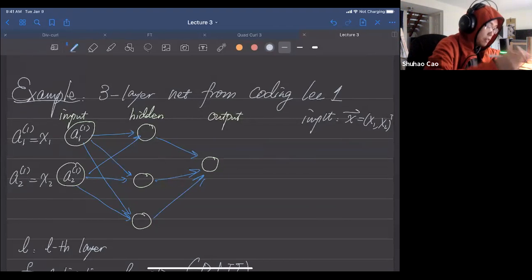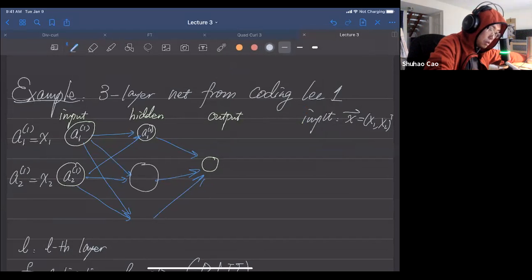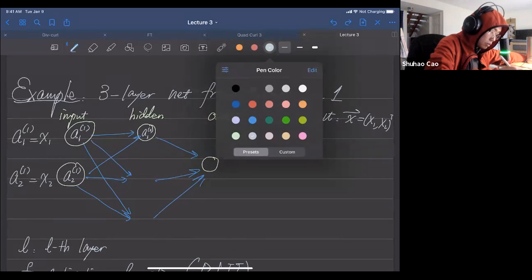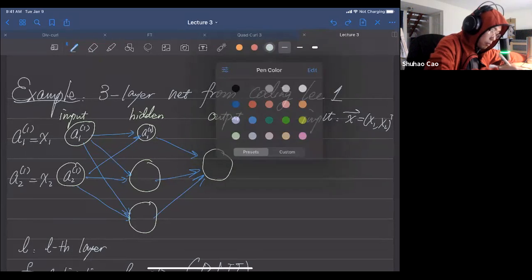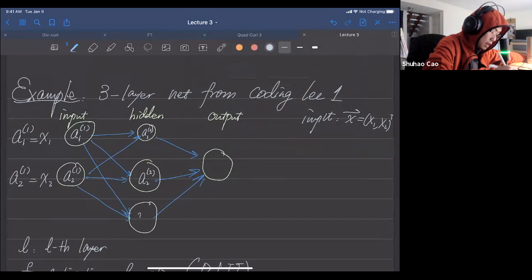And the hidden layer, the first unit, this is A1, then A2 of the second layer, A3 of the second layer. Lastly, this is our output, which is A1 of the third layer.